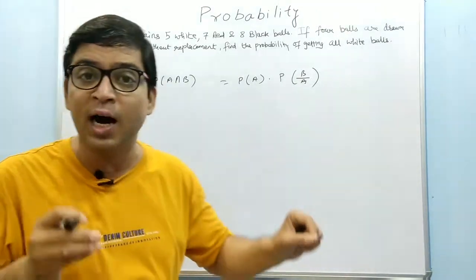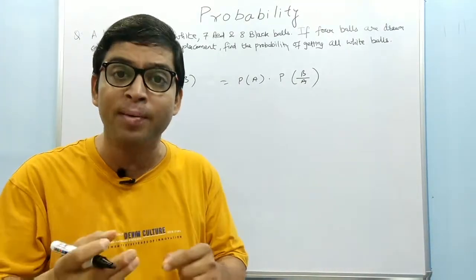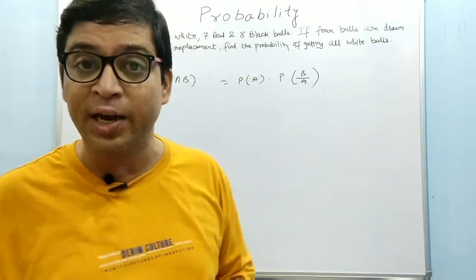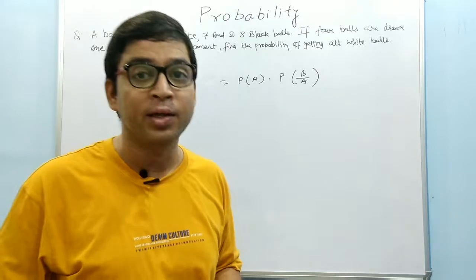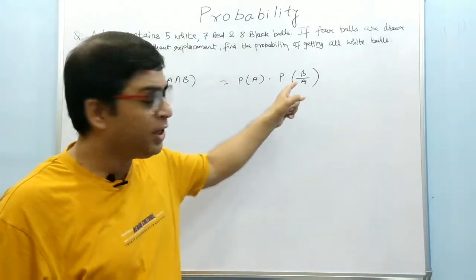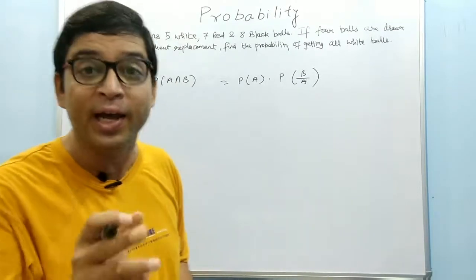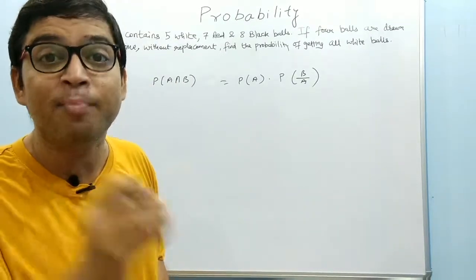So this is the formula for dependent problems for both happening simultaneously, because the probability of B depends on the happening of A. That we will see in the problems.